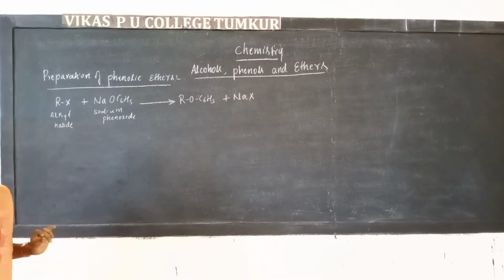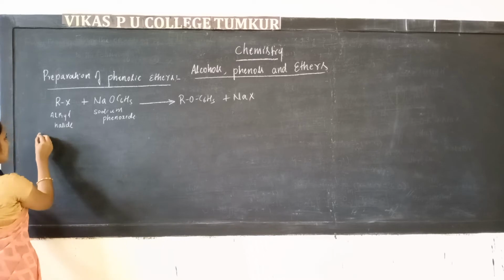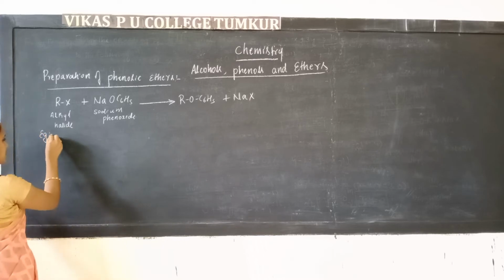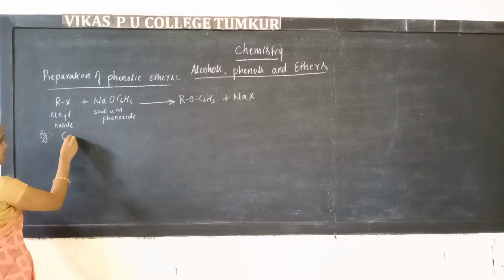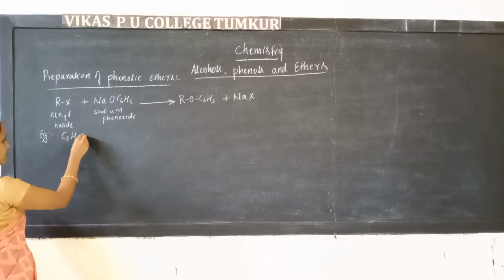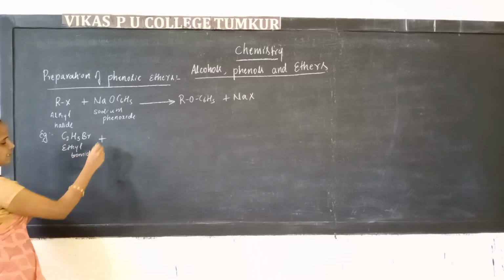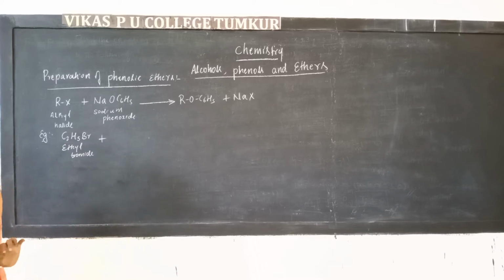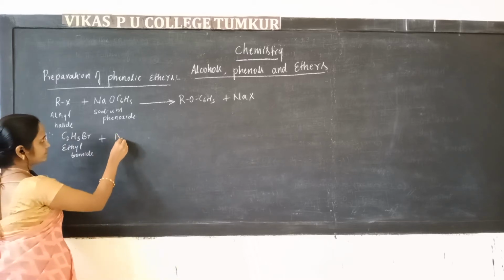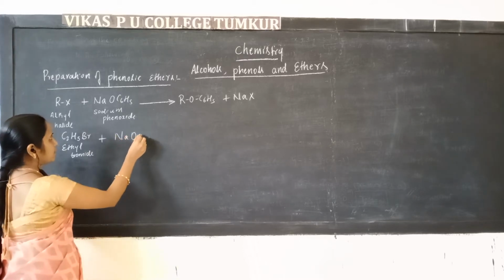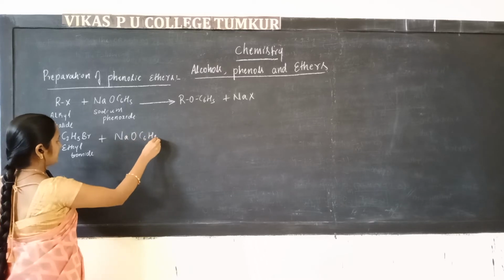Then if you take an example for this, ethyl bromide is treated with sodium phenoxide, NaOC6H5.